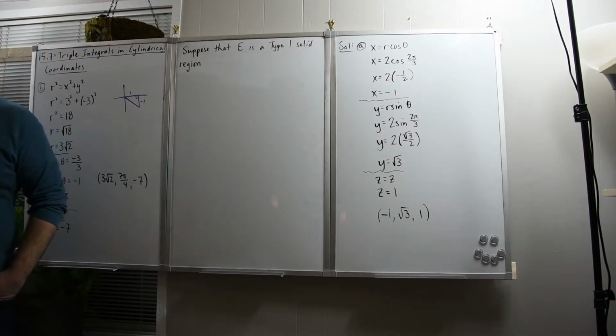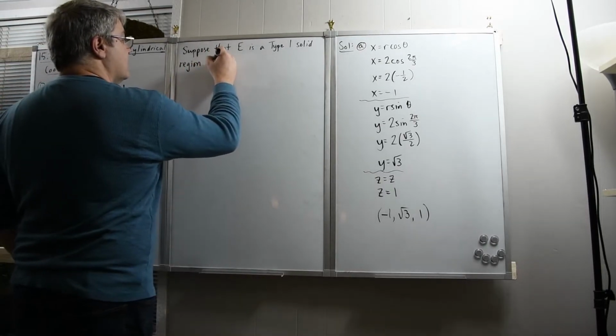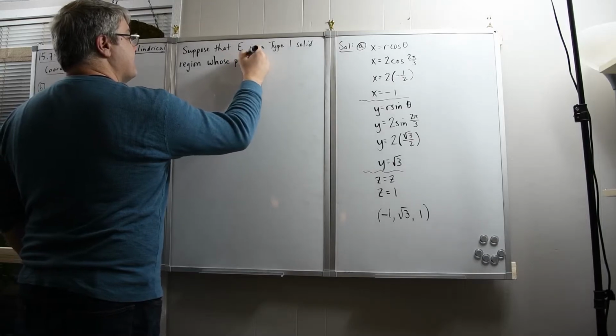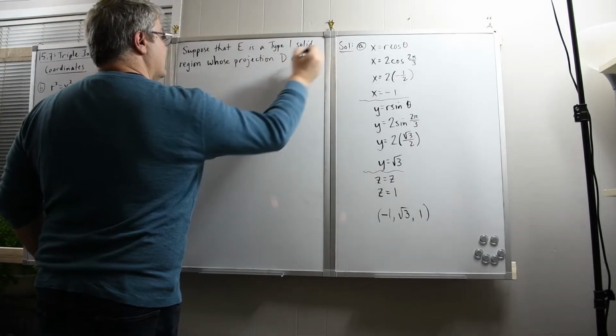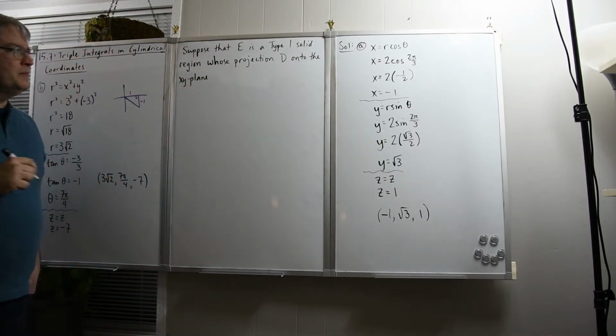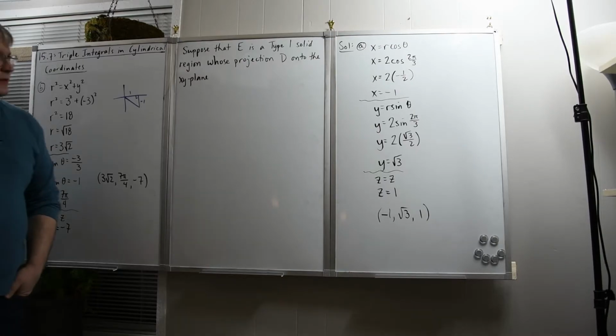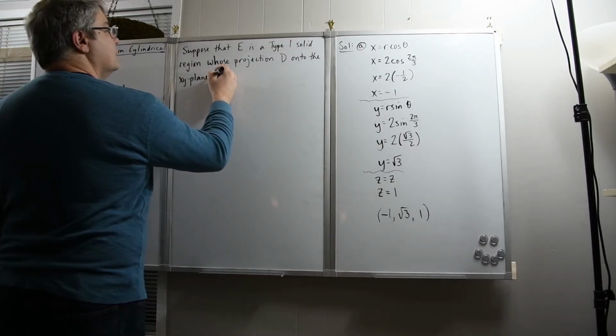And we're going to be interested in the projection of that region onto the xy plane. We'll call it projection D. So we want E, once again, to be a type 1 solid region whose projection D onto the xy plane is conveniently described in polar coordinates.